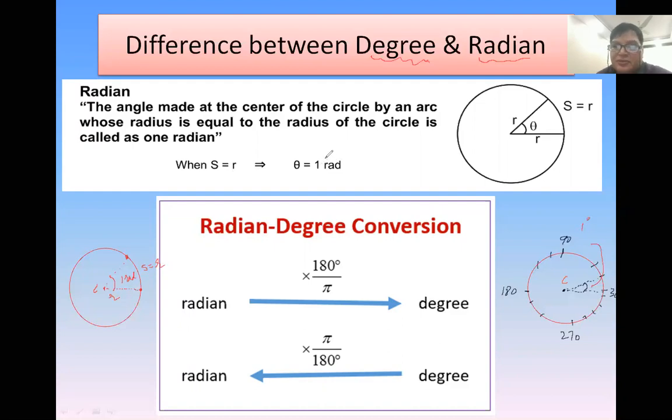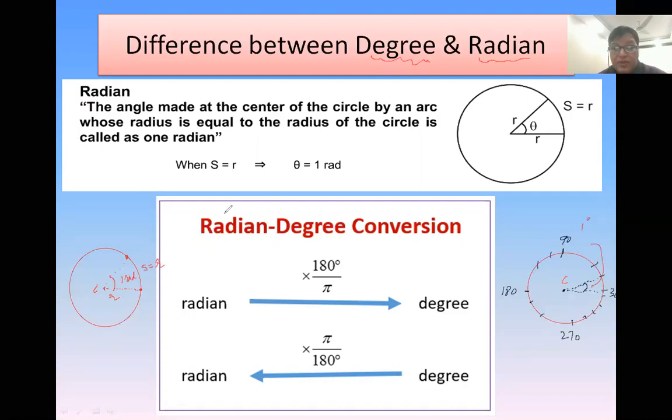My dear students, if you see the past papers, you see this definition repeated many times in your exams. So, very simple. What is radian? It is the angle made at the center of the circle by an arc whose length is equal to the radius of the circle. Then this angle is called 1 radian, nothing more than that.